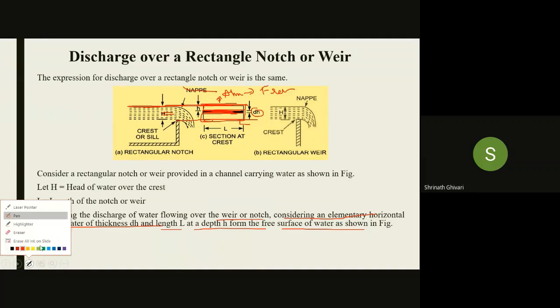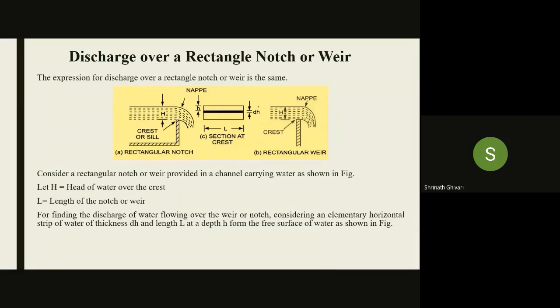I'm considering an elemental area in the water which is flowing down, from the free surface of water, with an elemental thickness of dh and length L.